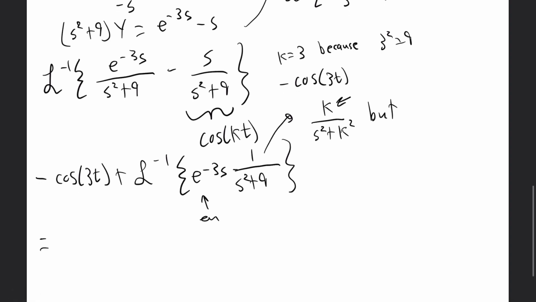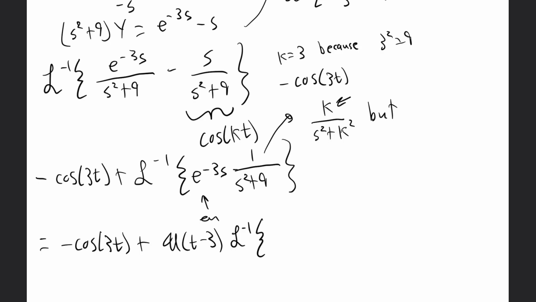this is equal to negative cosine of 3t plus, and we pull out the Heaviside step function because of the transform of this, t minus 3. It's not like pulling out, it's more like starting the solution, and then this is the Laplace inverse of 1 over s squared plus 9.